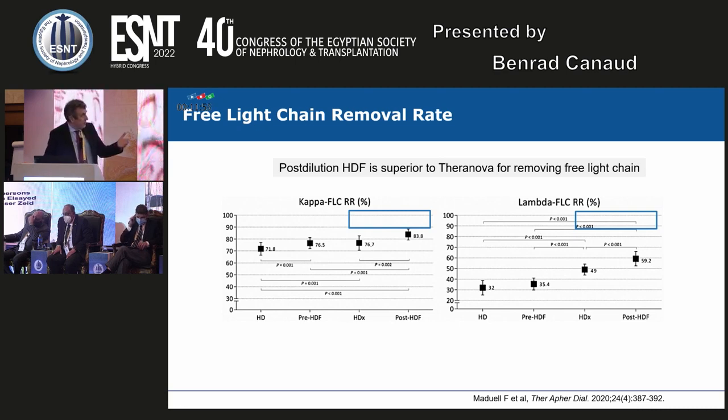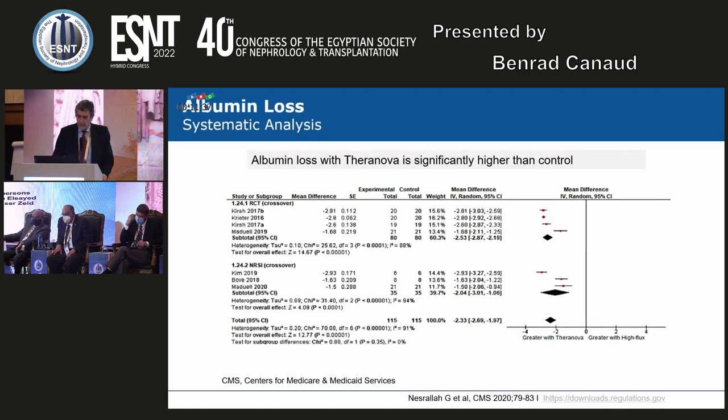So, again, for the different aspects, the free light chain now, if you compare for the Madwell study, the free light chain, if you consider that it's a toxin substance, is better removed with hemodiafiltration as compared to the MCO filter. And again, this is coming from the US.